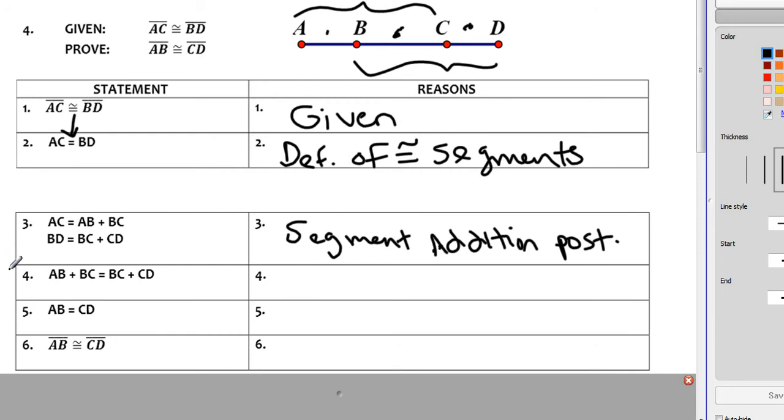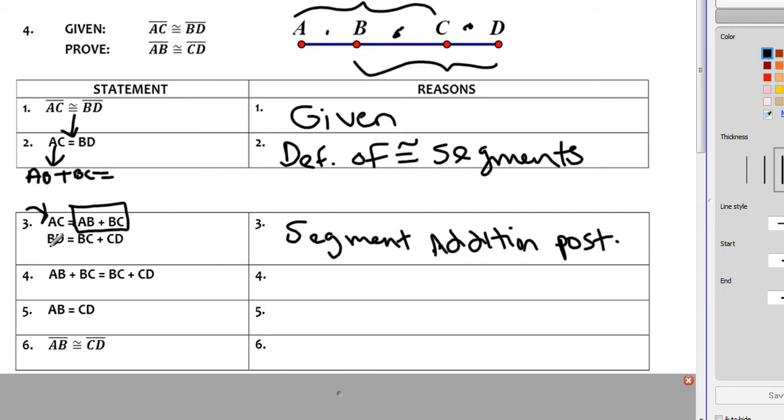All right, this is the tricky one, and you're going to start to notice that it occurs a lot. So if you can just start to notice this pattern, you'll just be able to identify them like that. Number 4. Well, up here we said that AC equaled BD. Then we defined what AC was. We said that AC was AB plus BC. So I'm going to take this AC here and replace it with AB plus BC.